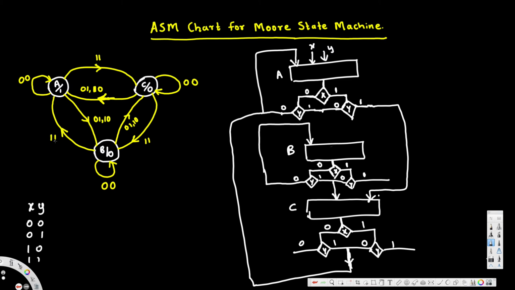When 1 1, it goes to A. When it's 1 1, meaning x is 1, y is 1, this location, it goes to A. Okay, let's make a bend to show it's not connected. Okay, it goes to A.